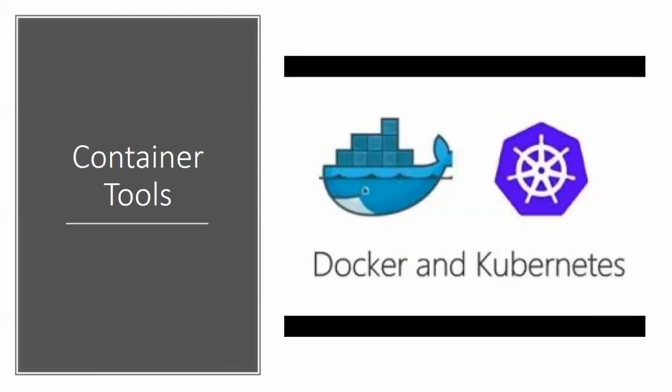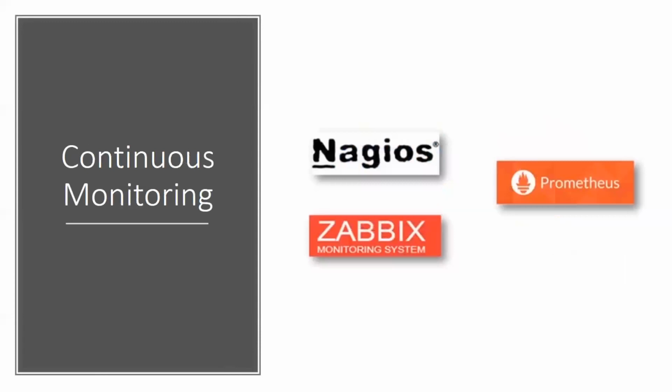It basically has images. Kubernetes is a powerful system for managing containerized applications. For continuous monitoring, in the end, when everything is moved to production or deployed, we use continuous monitoring. For that, Nagios is one of the popular tools used for monitoring.